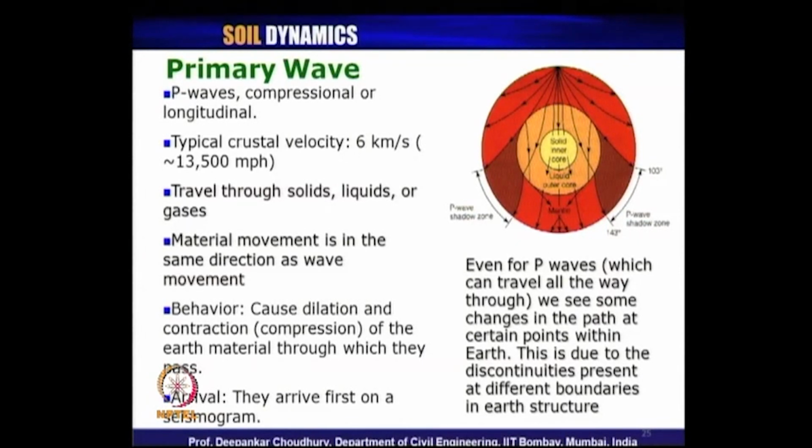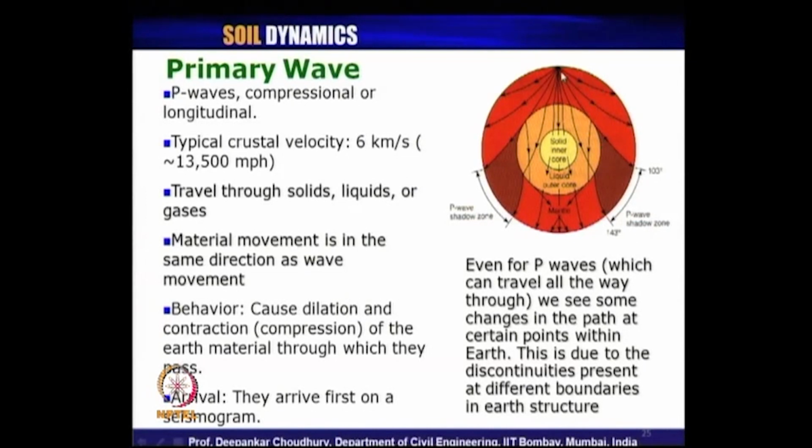But we have seen that waves are traveling here, so all the stations with seismograms at these places can record this earthquake, also these places. But there is a particular zone, and that zone's dimension is 103 degree to 143 degree approximately, that is called the P wave shadow zone.